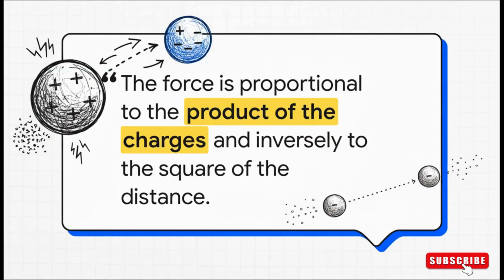So what he found at its heart is pretty simple. The more charge you have, the more force you get. Makes sense. But here's the really crucial bit. The farther apart they get, the force gets way weaker. And not just a little weaker. If you double the distance, the force isn't just cut in half, no. It drops all the way down to 1/4 of what it was. It weakens super, super fast.